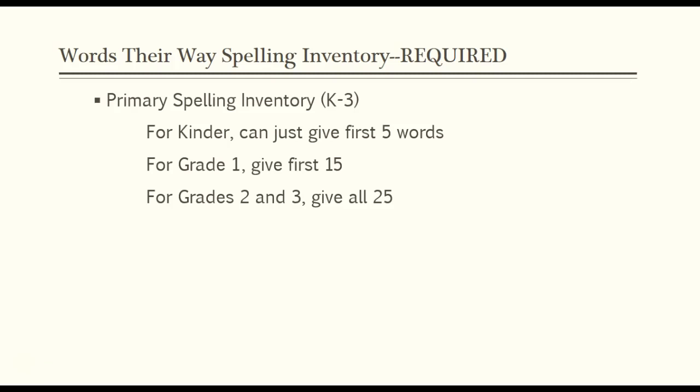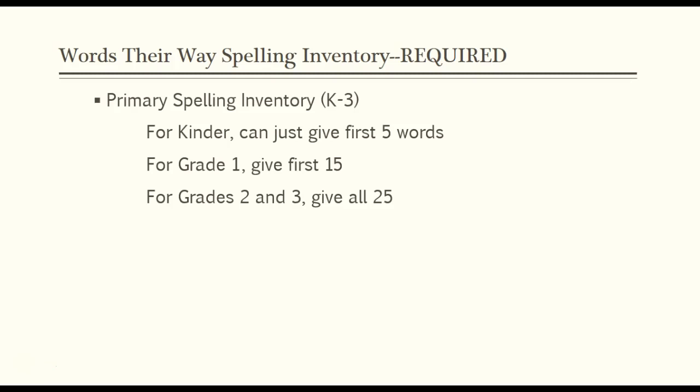So in order to have a direct comparison, you need to give the same amount of words at the beginning and the end. So just keep that in mind. If you only give the first 5 words, but then later give 10 words, you can't really directly compare how many feature points they got initially because you limited the feature points possible versus if you're giving them more opportunity for success on the post-test.